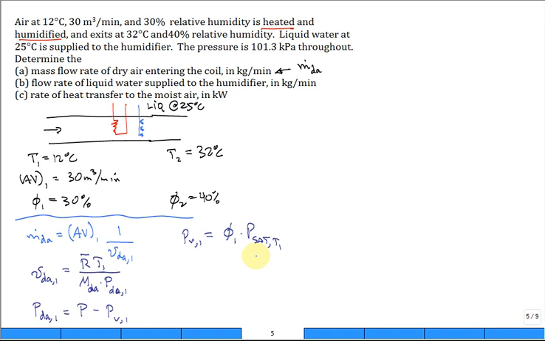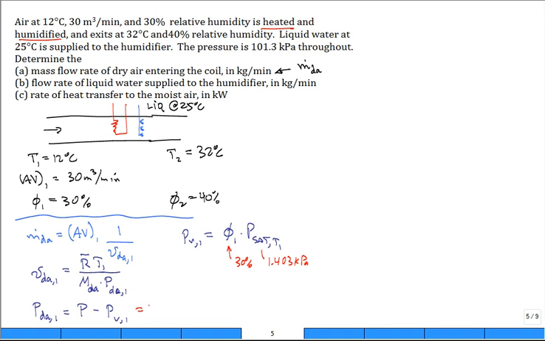And finally, we're here where we can start to say, sure, this is 30%, and the saturation pressure at the inlet temperature is 1.403 kilopascals. Great. Then we get P_v. Then you come down here, you get the partial pressure of the dry air coming in.